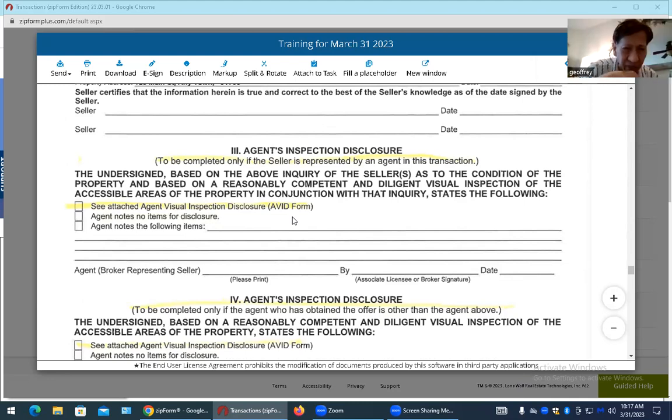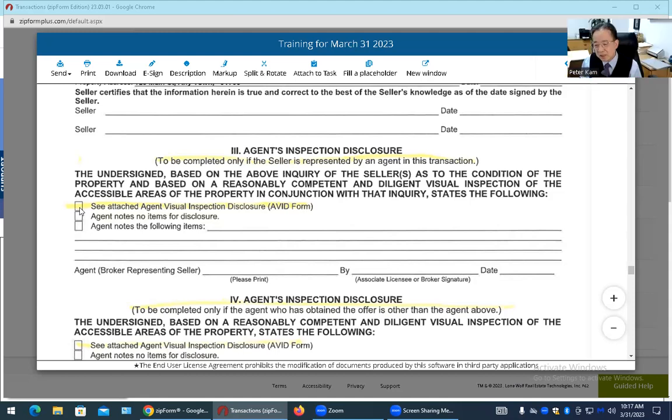I have a question, Jeffrey. Yeah, the TDS is to be completed by the seller, and the AVID is to be completed by the listing agent, correct? Yes, that's right. So, just to be sure that the TDS is complete, we should definitely, as an agent, complete the AVID and attach that to the TDS?